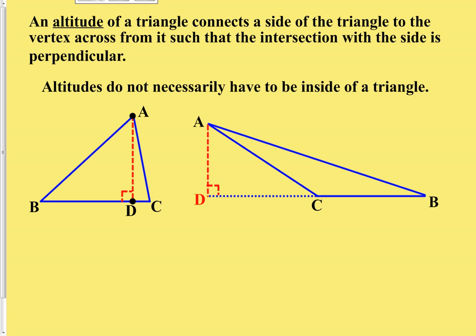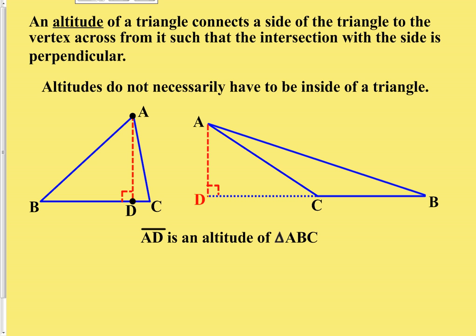In order to do that, it may be necessary for you to artificially extend one side of the triangle in order to meet that requirement. So in both of these cases, the statement can be made that line segment AD is an altitude of triangle ABC.